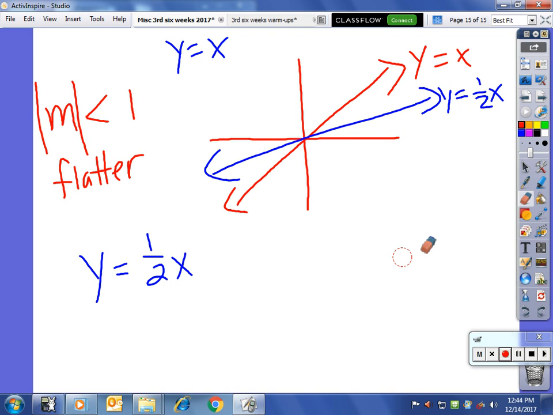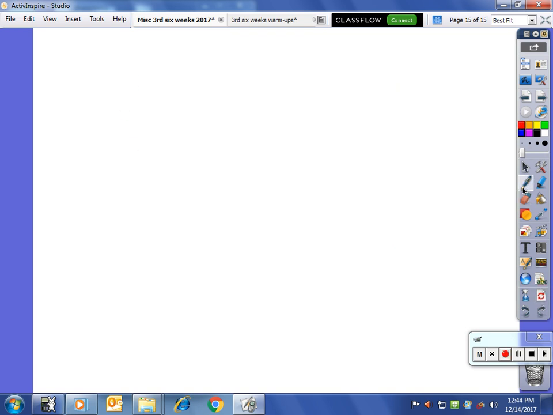Alright, now let's put all this information together in one question. Here's my parent function, y equals x. I want you to picture in your head what y equals negative 2x would look like. Is it going up or down? Down. Why do I know it's going down? Because it's negative.